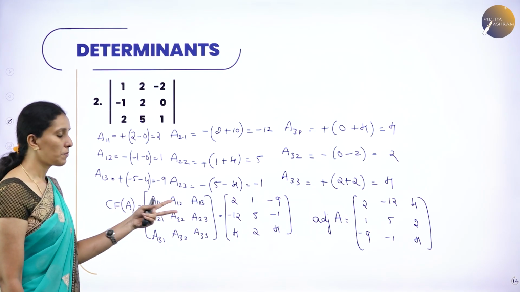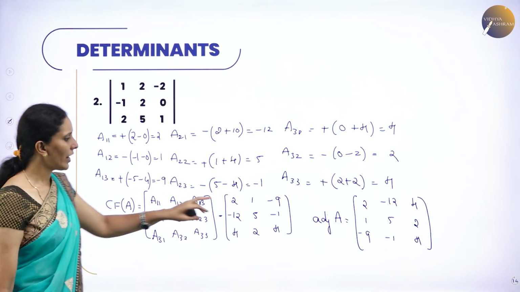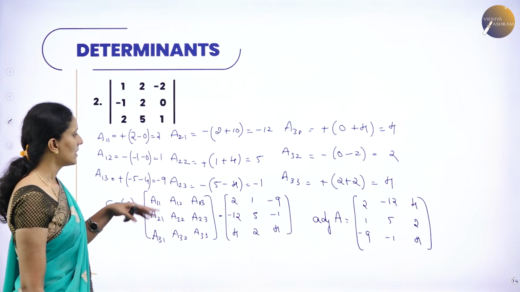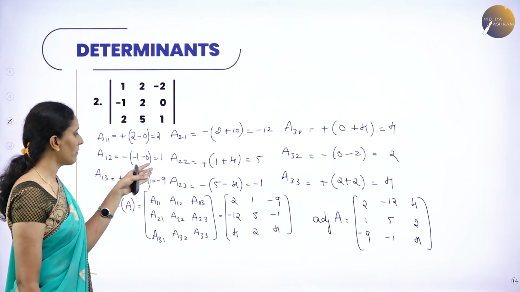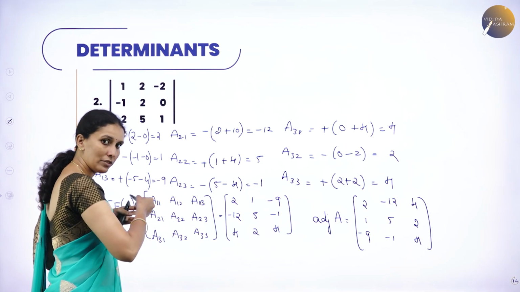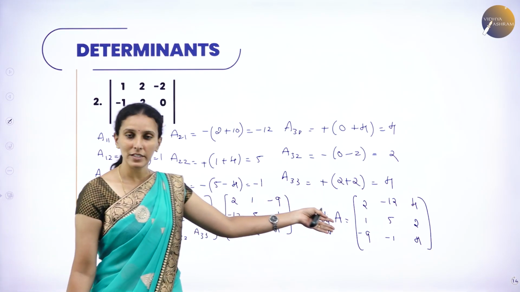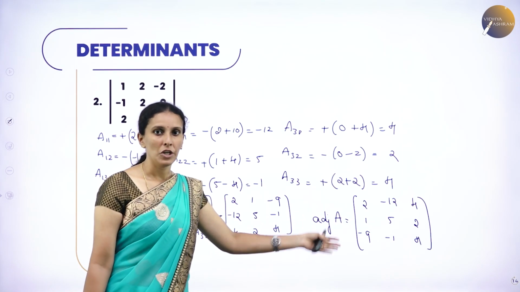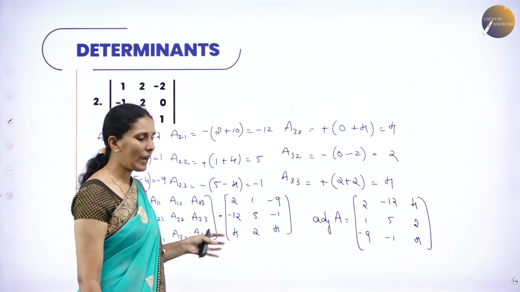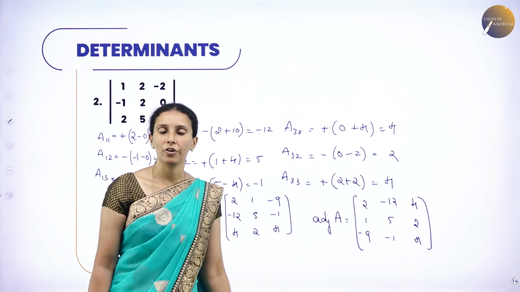Then after transposing the cofactor elements, we can get adjoint A. We can also write adjoint A directly without writing the cofactor matrix. Since you know all the elements A11, A12, A13, instead of writing them in a row form, if you write all the elements in a column form, that itself is the adjoint matrix. So no need to write the cofactor matrix to find the adjoint. Or if you want to write the cofactor matrix, transpose it, then you can get the adjoint of A.